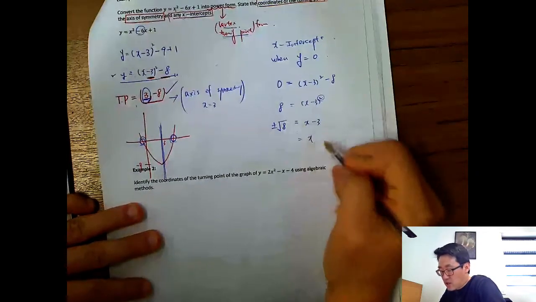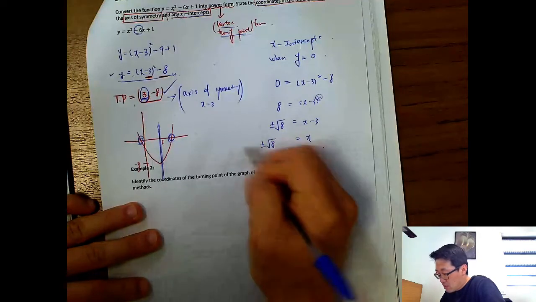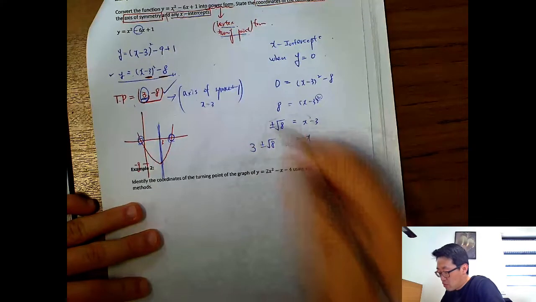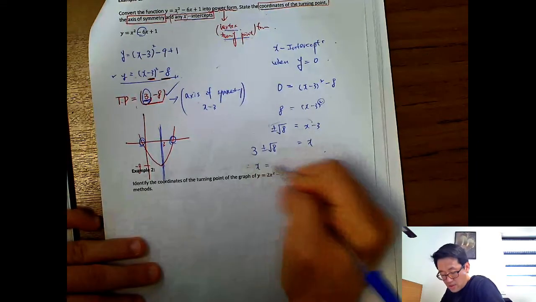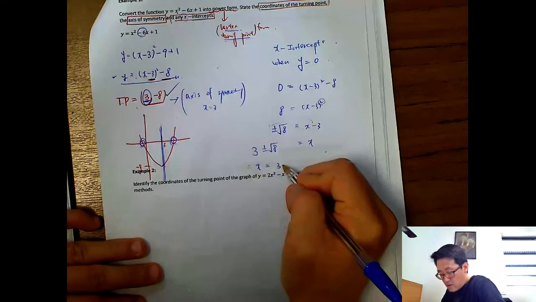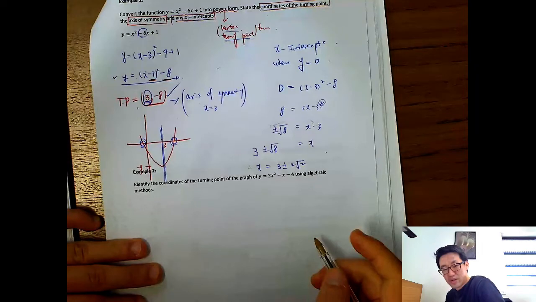And I want to know the x value, so x equals 3 plus or minus root 8, so we move that over. Therefore, x equals 3 plus or minus 2 root 2. There are two values there, isn't it?